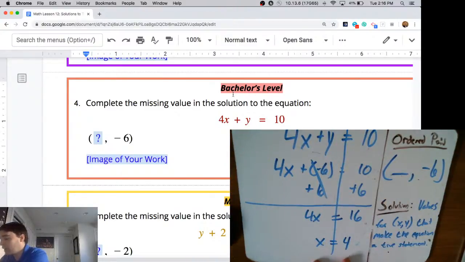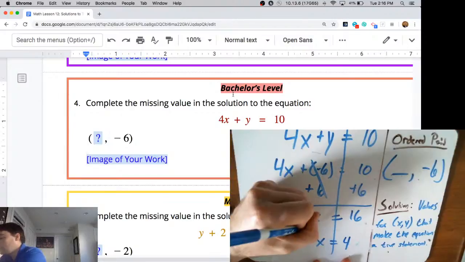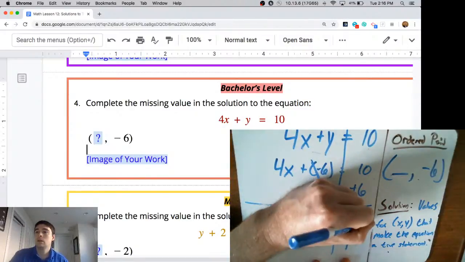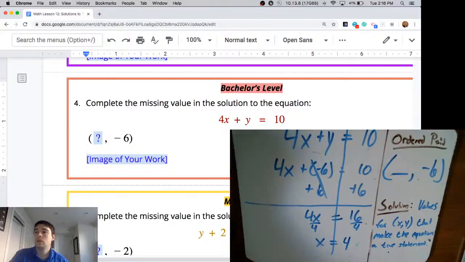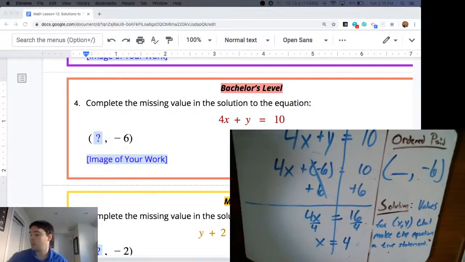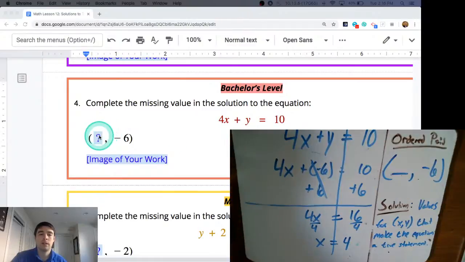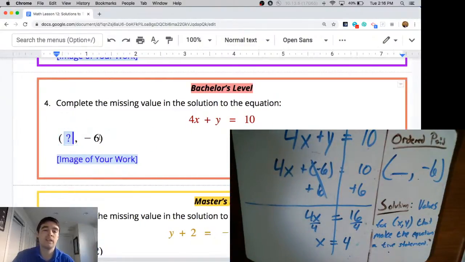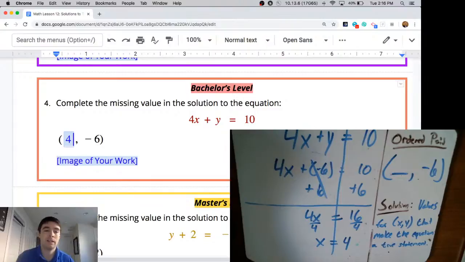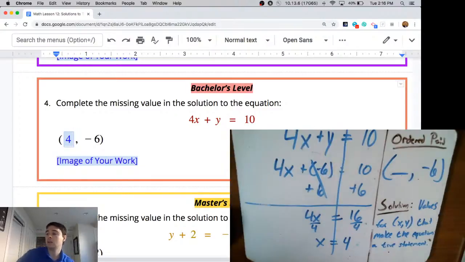But really the way I got there is if I divide both sides of that equation by 4, that's another way to solve it. So I can get x equals 4 that way, or a lot of you might already know x equals 4 without taking that last step. So that helps me tell here that if y is negative 6, well then x needs to be 4.